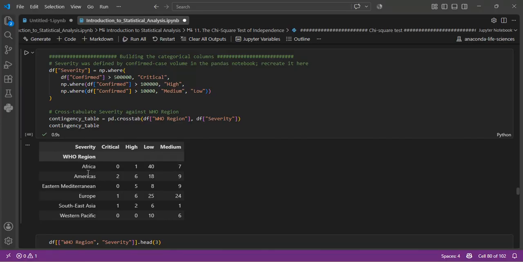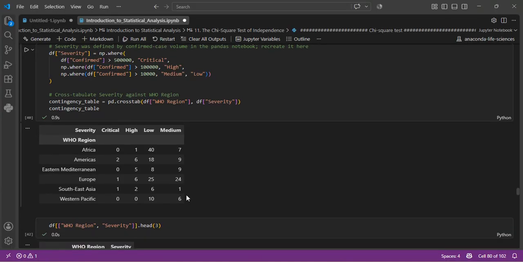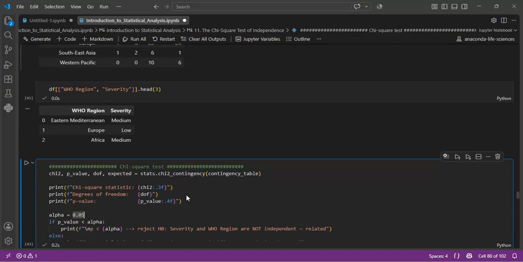So this becomes the data that we will use to calculate the chi-square, which will tell us whether the severity and the WHO region are related or not. To calculate the chi-square, we use this particular Python expression, and we provide the contingency table that we've created over here as an argument in the chi-square contingency function from the stats model.